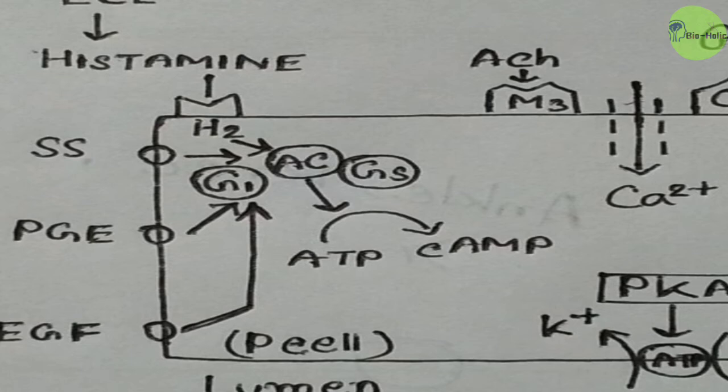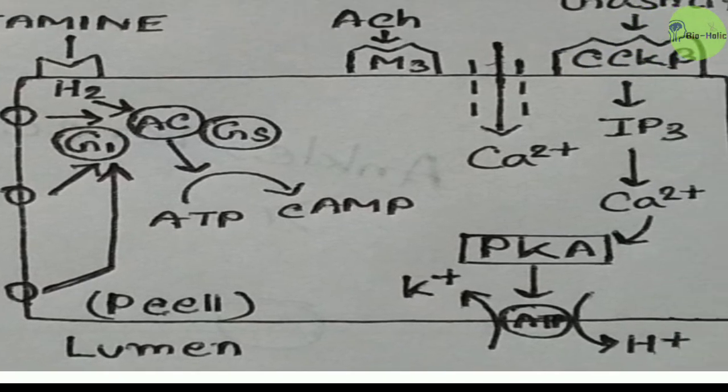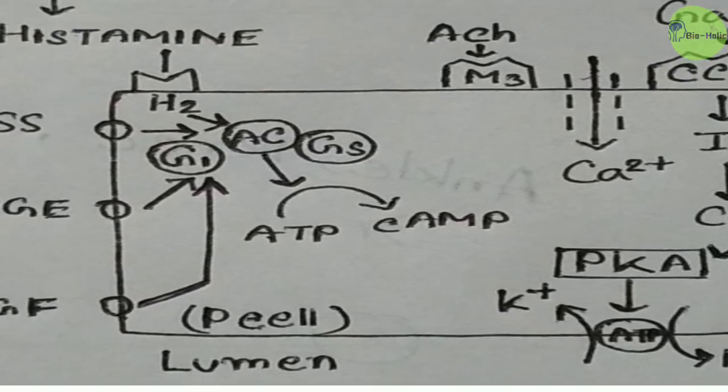This Gs converts ATP to cAMP, and this cAMP causes an increase in HCl secretion, H+ secretion. Somatostatin acts on the adenylate cyclase as negative feedback and decreases the cAMP level, but the prostaglandin and the EGF help in secretion of H+ with the increase in the cAMP level.